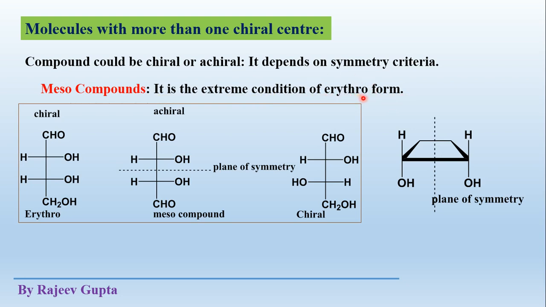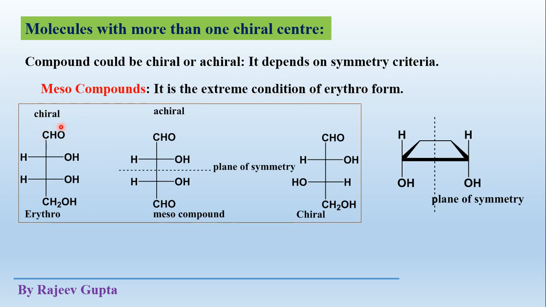What was erythro? Where we see two substituents at the same side in a Fischer projection. See this structure. It's an erythro form of this molecule where both the hydroxy groups are present at the same side. So what has been said, it is an extreme condition of erythro form.